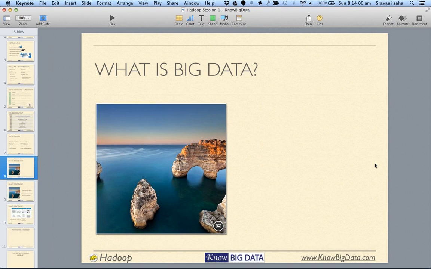Hariharan says it's processing a huge amount of data, unstructured data. That is Rakesh. Anybody else?